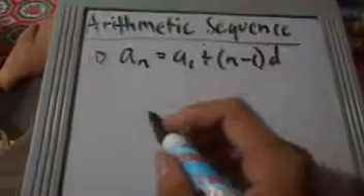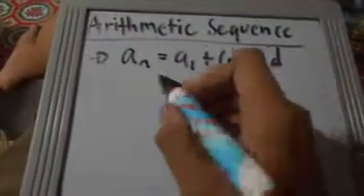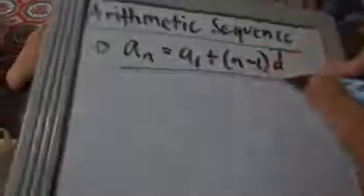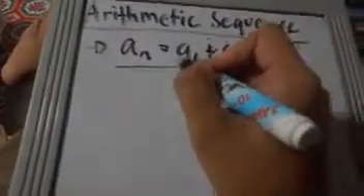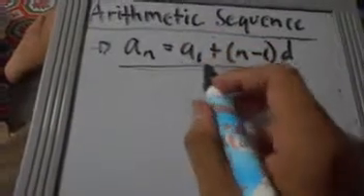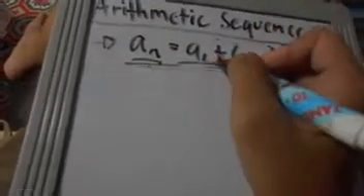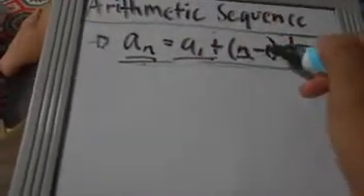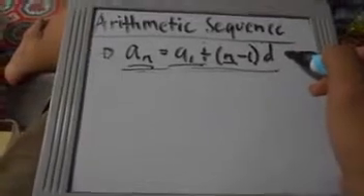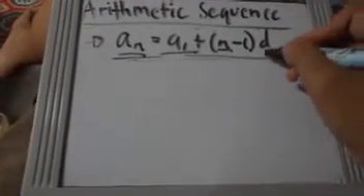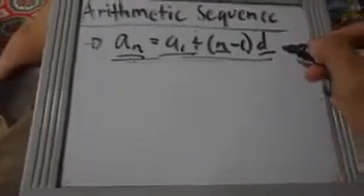In finding a missing term in an arithmetic sequence, this formula is used: a sub n equals a sub 1 plus n minus 1 times d, where a sub n represents the missing term, a sub 1 represents the first term, n represents the number of terms, and d represents the common difference.